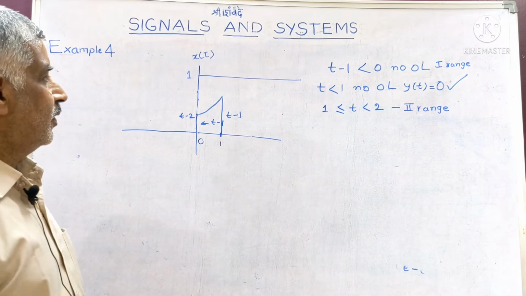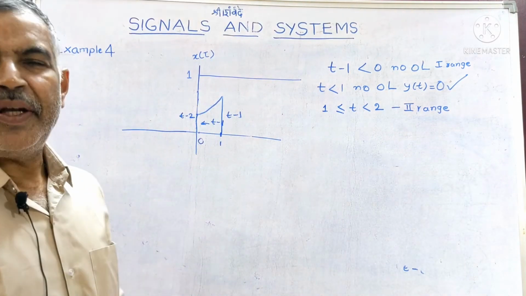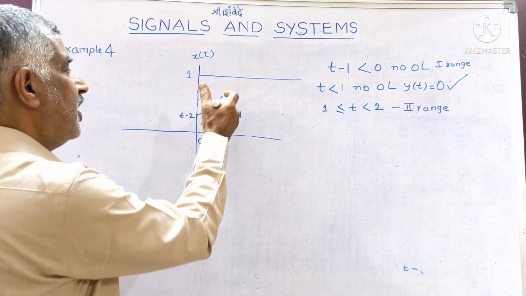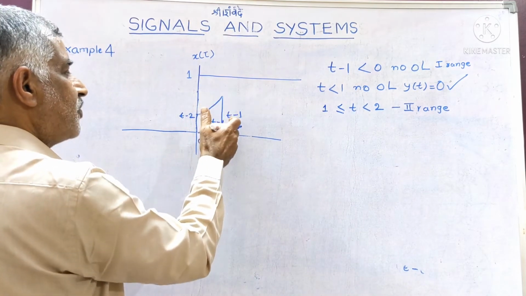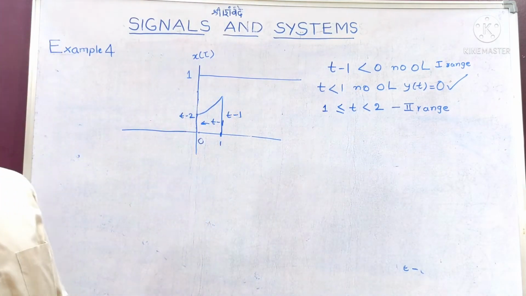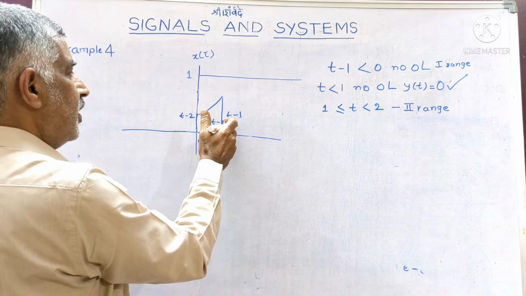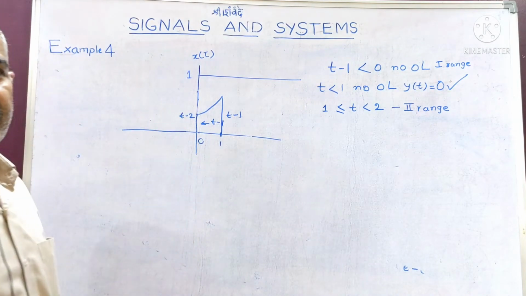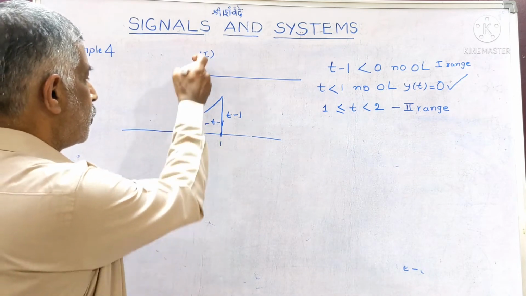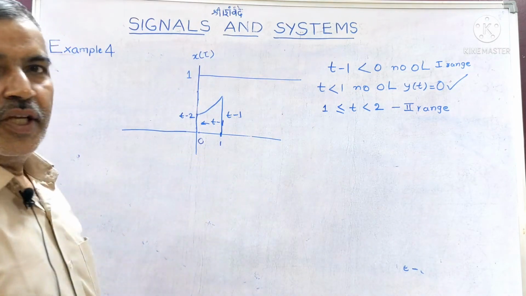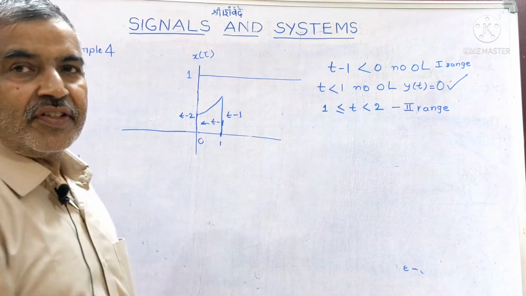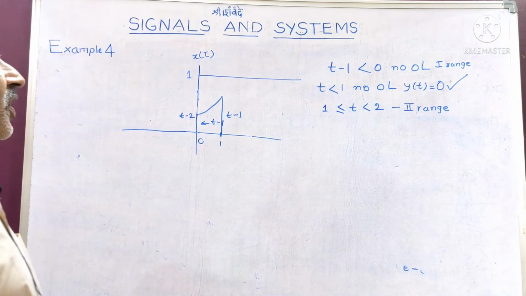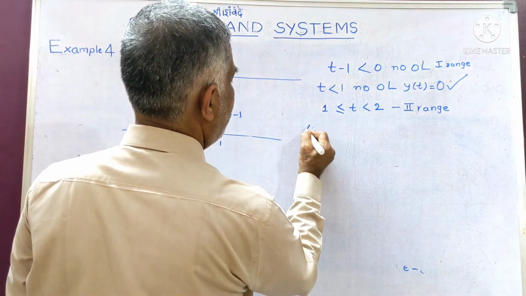During the advancement of the waveform, the t minus 1 edge has occupied this position, and the t minus 2 edge is coinciding with the y axis, that is, t minus 2 is coinciding with the origin. Now t minus 1 advances further. So for t minus 1, I have to first write the range.